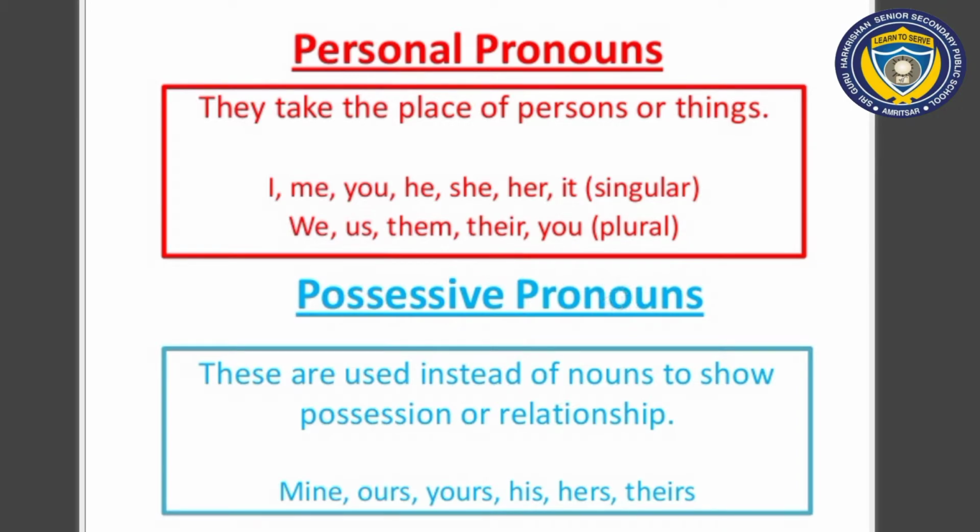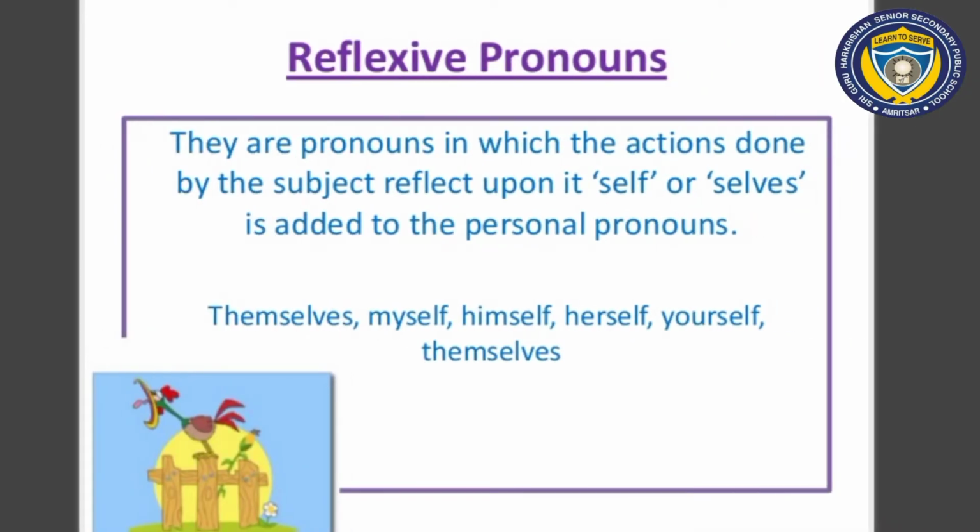Now, what are possessive pronouns? These are used instead of nouns to show possession or relationship. Mine, ours, yours, his, her, their. So, those which show possession are known as possessive pronouns. Reflexive pronoun.